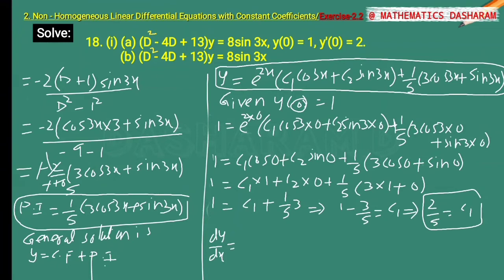Here there are two functions, a product of two functions. For a product of two functions you have to apply the formula d of u into v equals u into dv by dx plus v into du by dx.